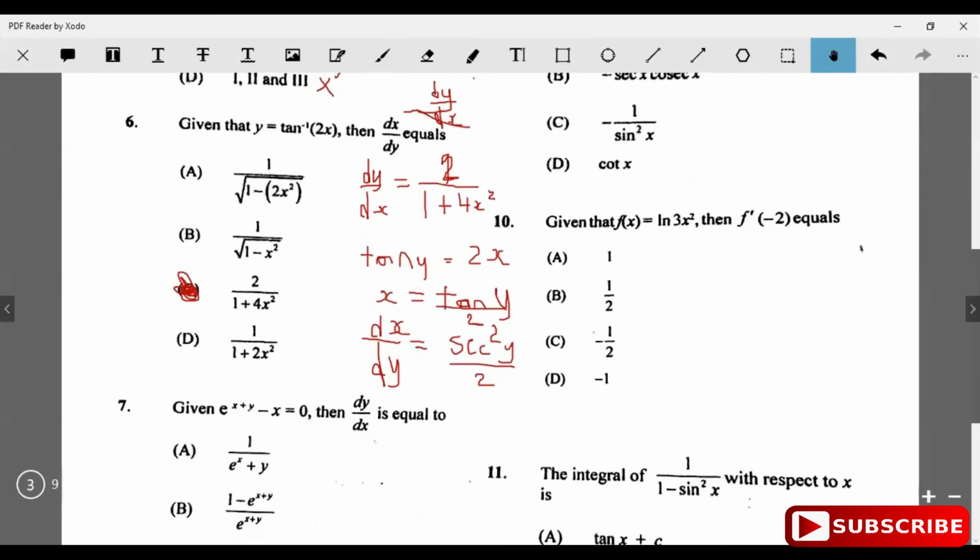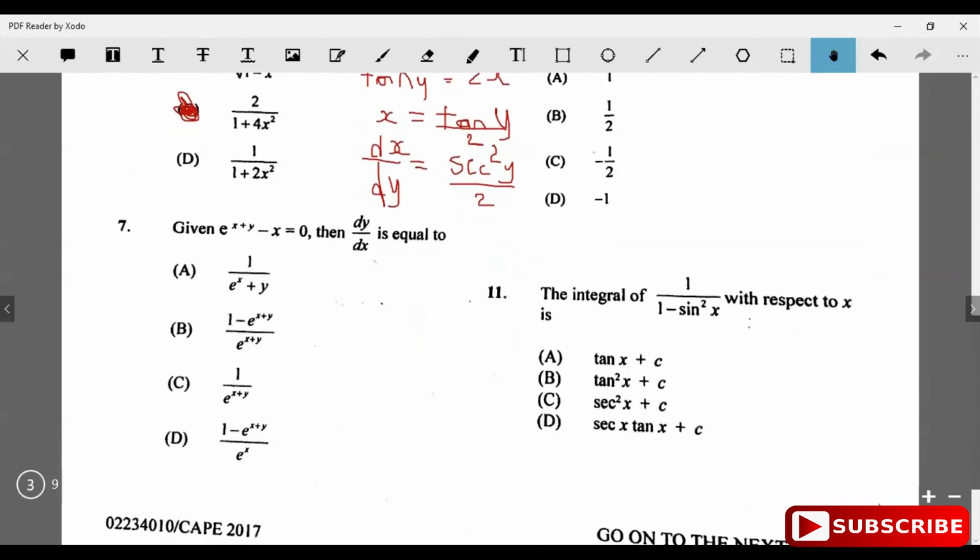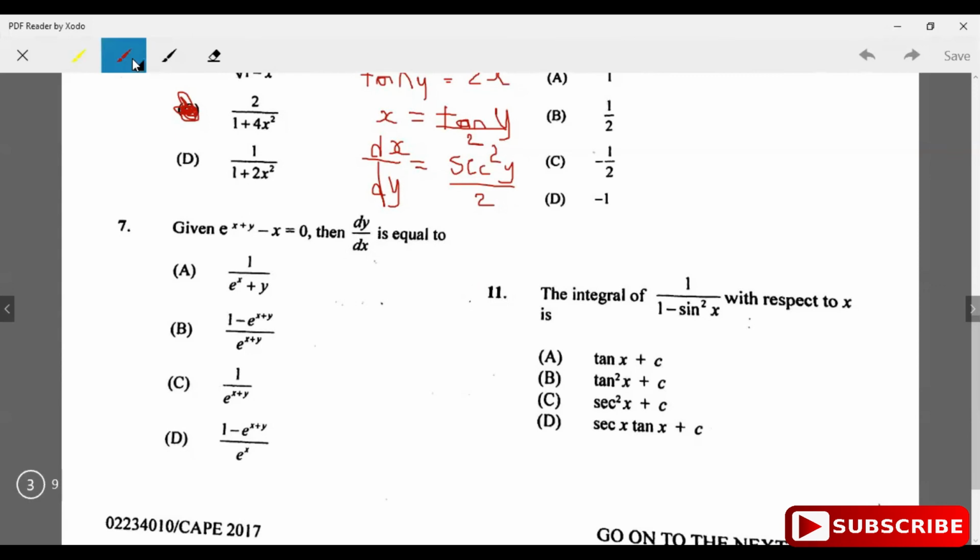Question 7 gives us e to the x plus y minus x, and that's equal to 0, and find dy/dx. So to find dy/dx, well, this first and foremost is a product. It's e to the x times e to the y.